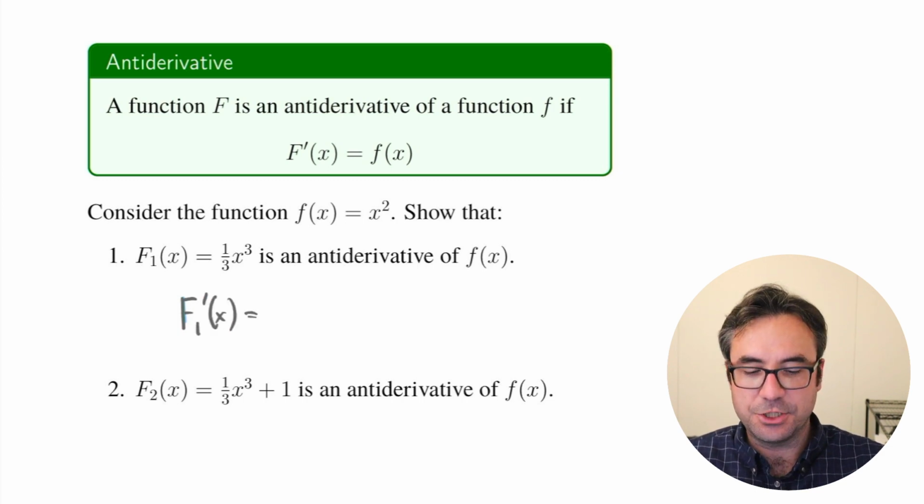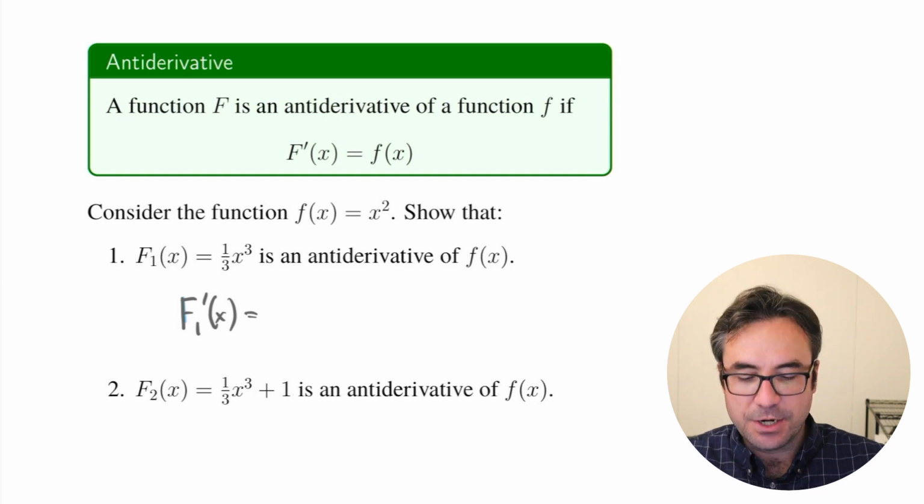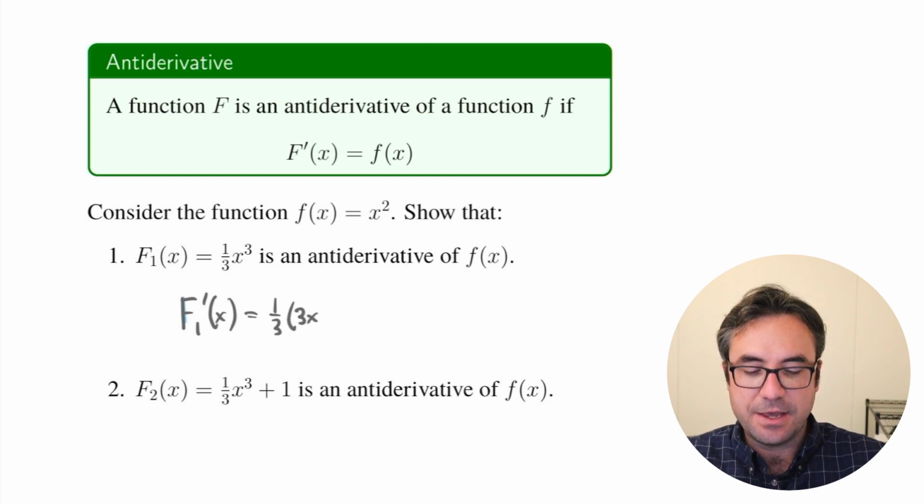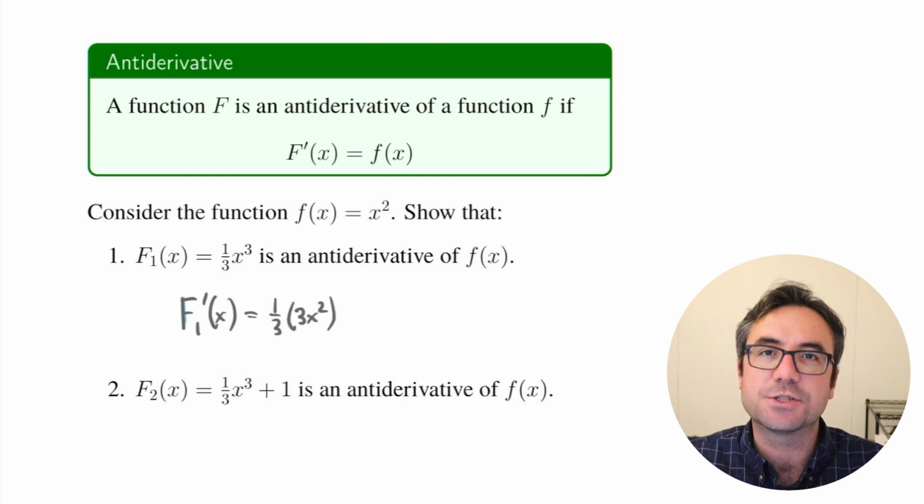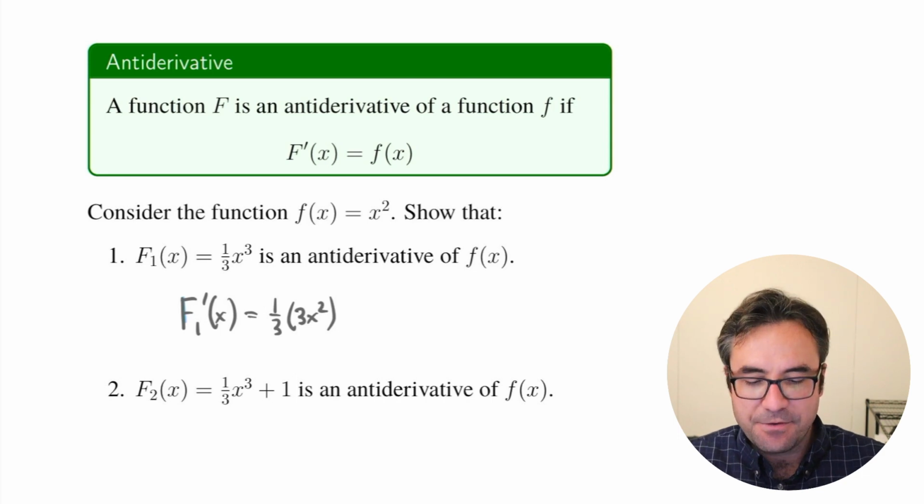And let's differentiate our function 1/3 x cubed. When we differentiate, the 1/3 stays in front, and then we differentiate the x cubed using the power rule, so we get 3x squared. If we clean that up, we end up with x squared, which is what little f of x is.